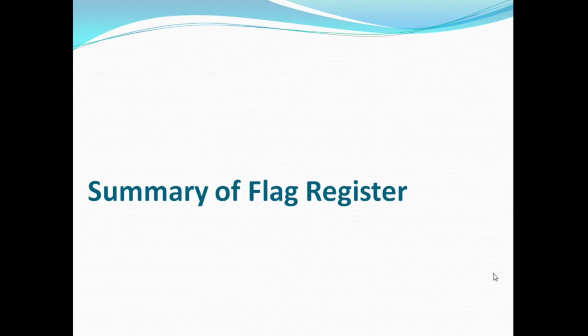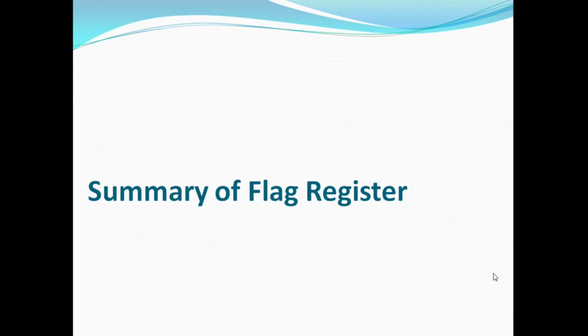Number 3, sign flag. Sign flag is set to 1 when the result is negative. When the result is positive, it is set to 0. Number 4, zero flag. Zero flag is set when the result of an arithmetic or logical operation is 0. For a non-zero result, this flag is reset.